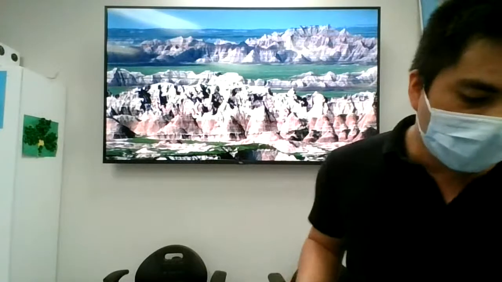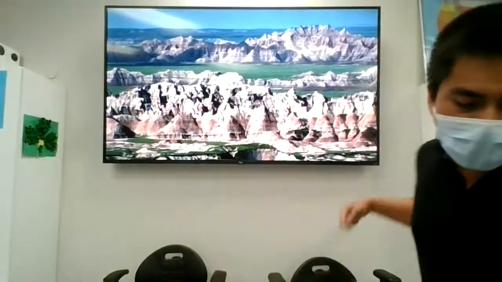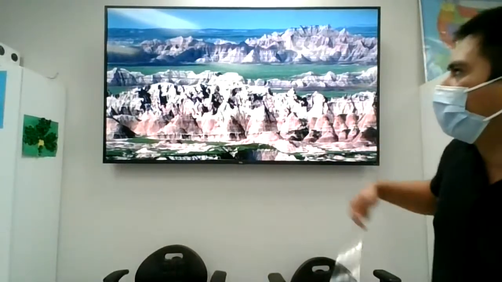That's why certain parts of the Dakotas are called, quote unquote, the Badlands. They're not bad because of any other reason other than the natural environment. So, yeah, we'll talk more about that in a second. So, what you're seeing here is the Dakota Badlands in South Dakota.